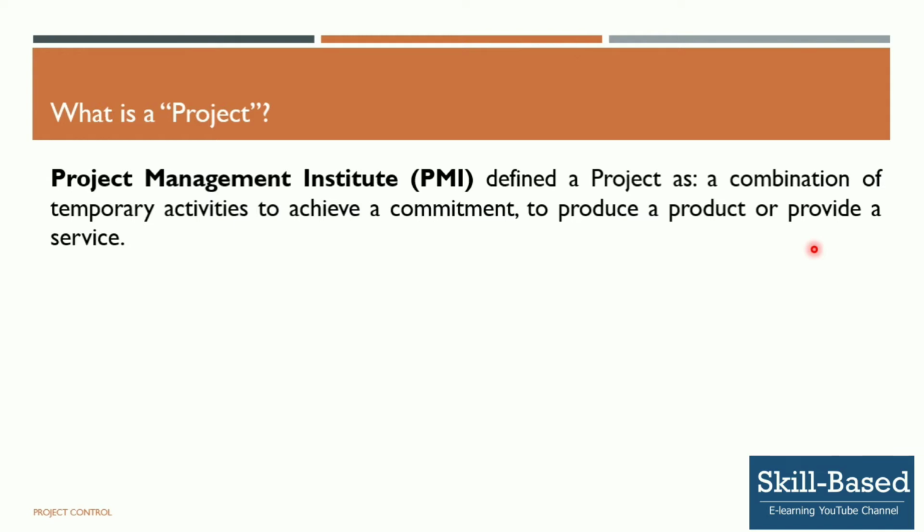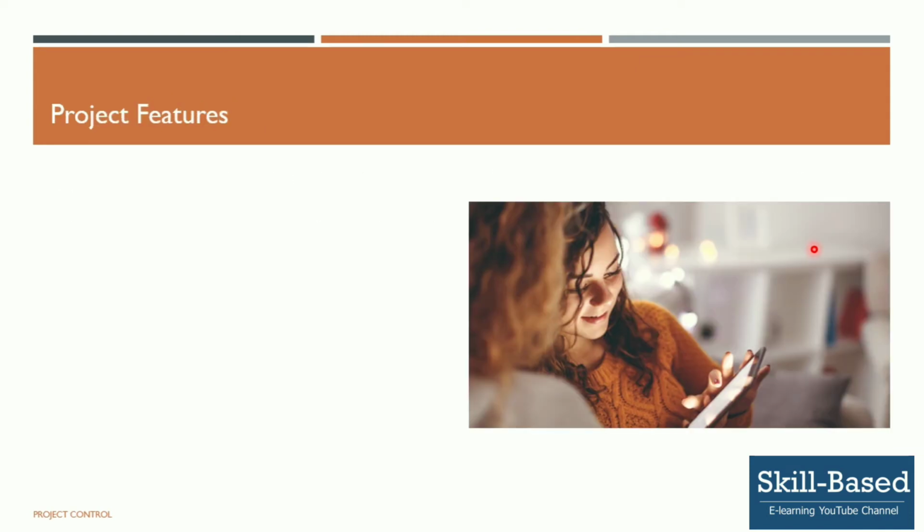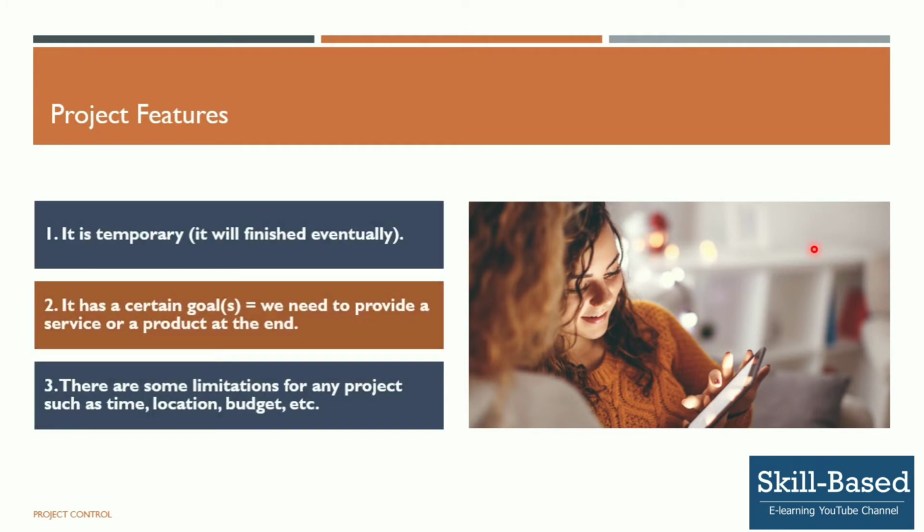The next thing that we need to take into account is, what are the features of a project, so we can fully understand what is a project and what is not a project. So let's move on to project features. It is temporary, it will eventually end and it will eventually finish. For example, there is a time for it.